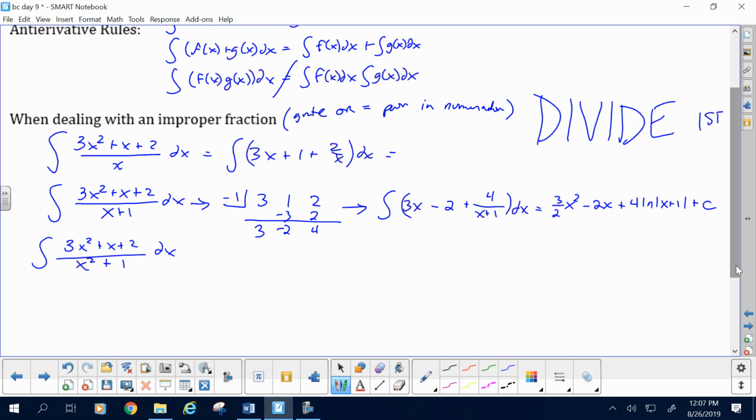You must long divide x squared plus 0x plus 1 into 3x squared plus x plus 2. Let's look at the first term into the first term. How many times does x squared go into 3x squared? 3 times.